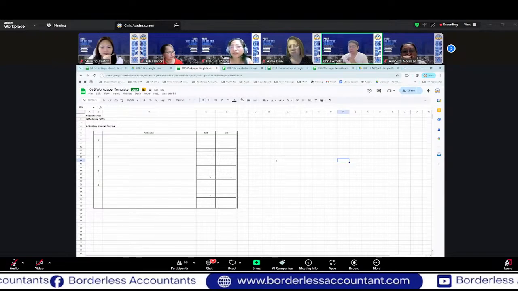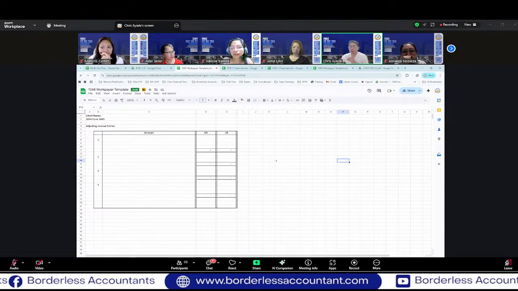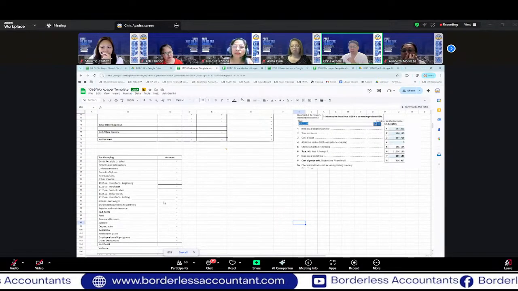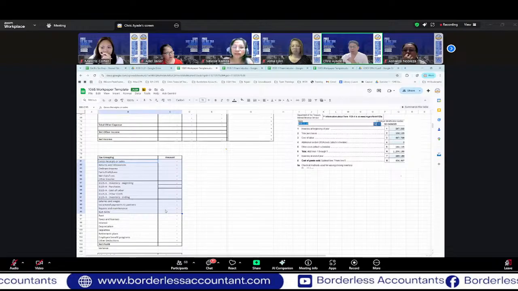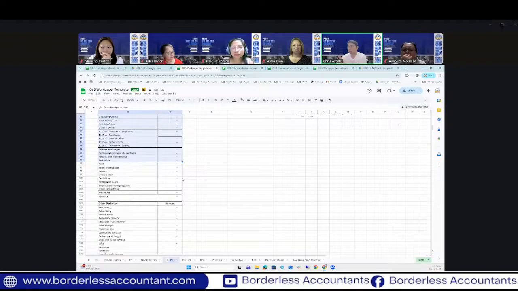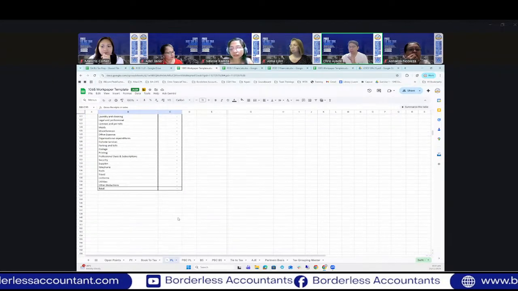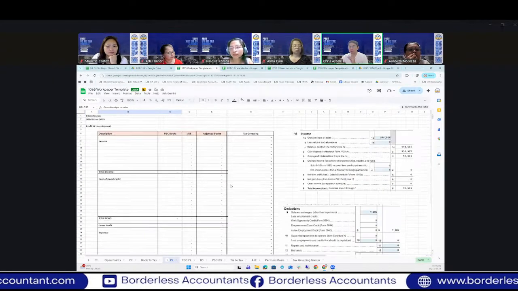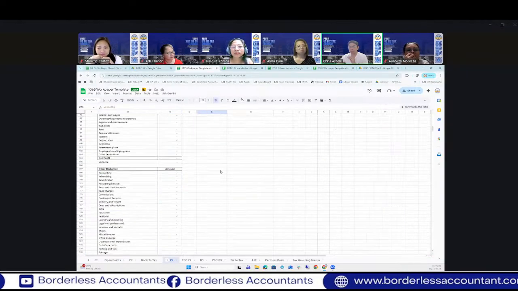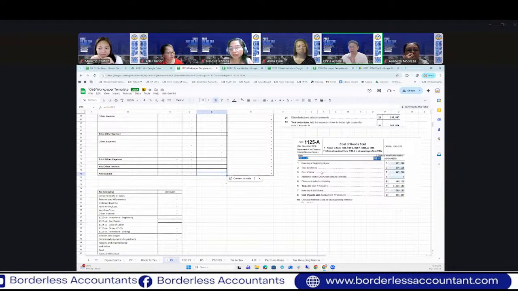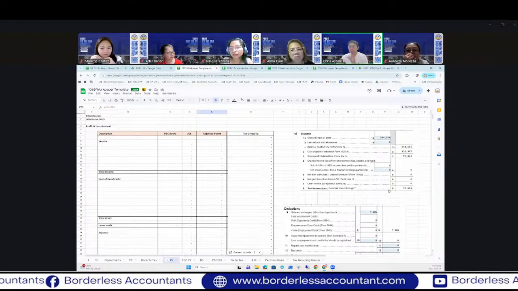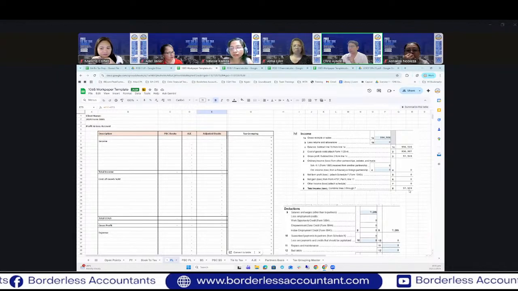Hindi natin ine-expect na yung result mo dito sa profit and loss down here ay magma-match with everybody's number, right? But what's important is the bottom line, right? Na pareho yung bottom line nyo, right? Here ay pareho, and when you take your total income here sa line number 8 sa 1065 ay pareho, right?